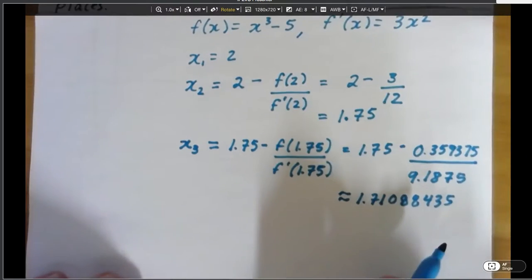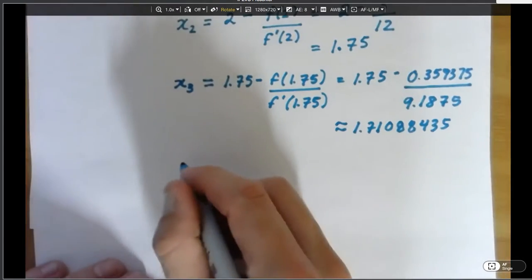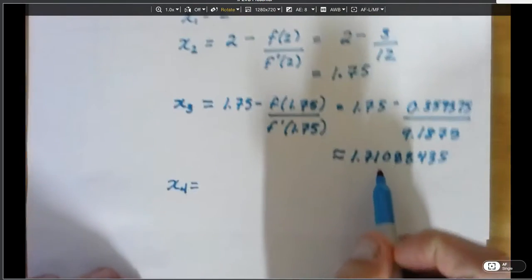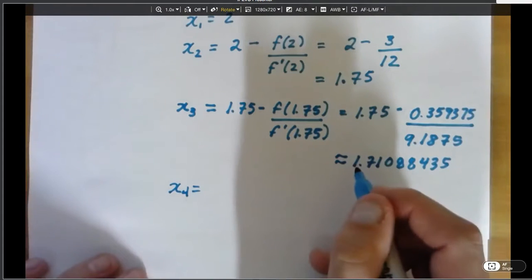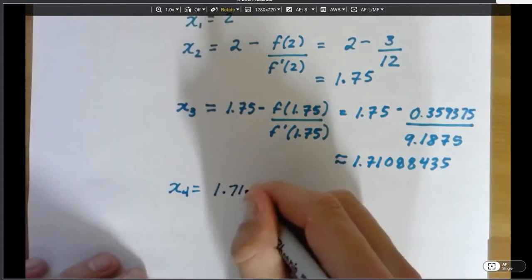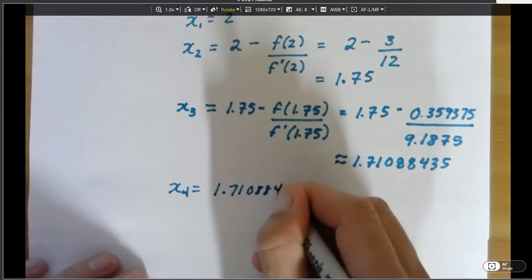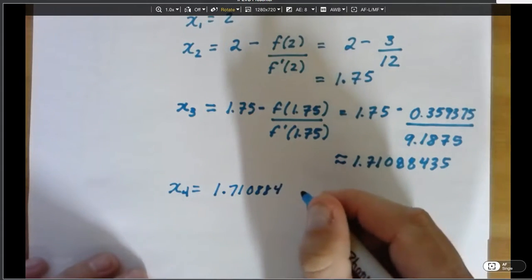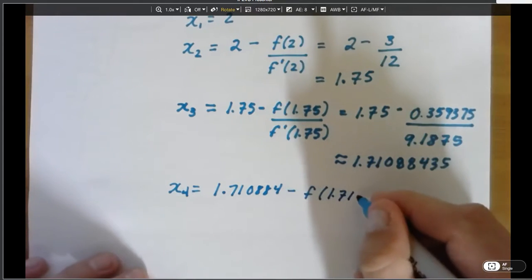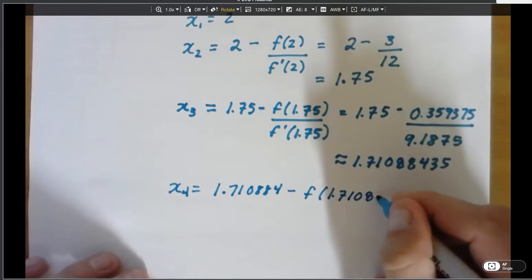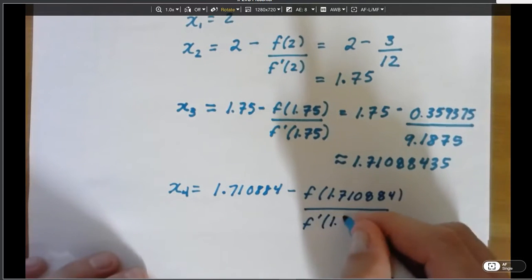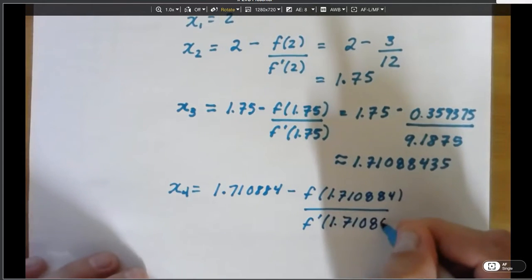Now if I wanted the fourth iteration, I keep going. How long do I keep going? Until this number starts to become really consistent. I'm going to round that number a little bit, 1.710884, and subtract off f of that number over f prime of 1.710884.